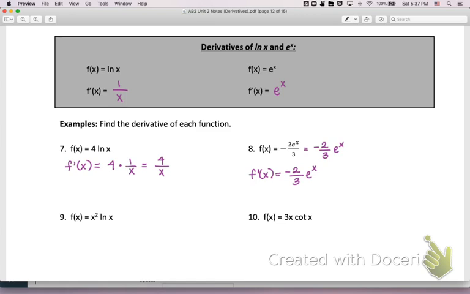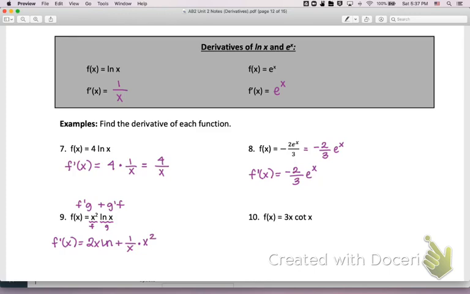Number 9, hopefully you recognize this as a product rule. We have 2 different things happening. We have x squared times the natural log of x. So those are going to be our 2 different functions, f and g. Remember that our product rule is f prime g plus g prime f. So when we take this derivative, f prime of x, we're going to start by taking the derivative of x squared, that's 2x, leave the natural log alone, plus now take the derivative of the natural log of x, which is 1 over x, times x squared left alone.